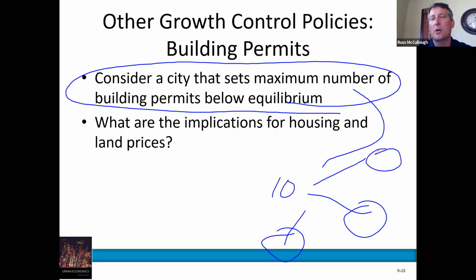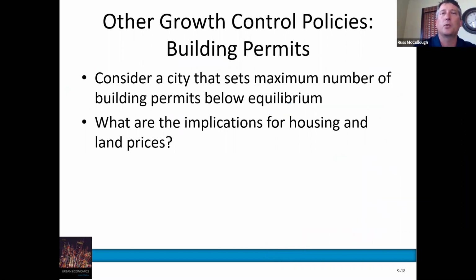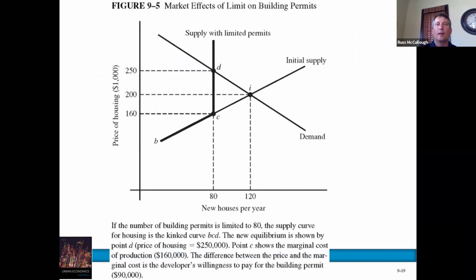If it's a single family home, then you can do that in any of those areas. So if we have effective controls with building permits, that's limiting what the free market supply would be, and the expected effect is what we see here in this picture of what a quota does.